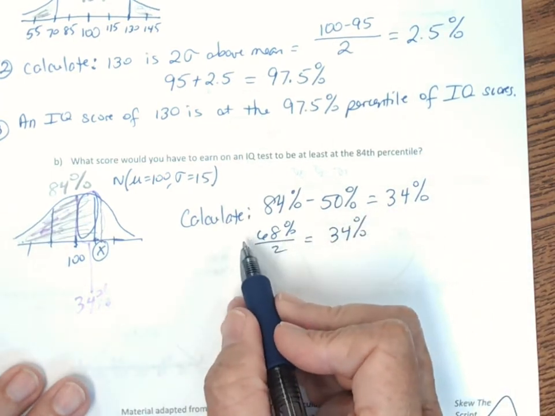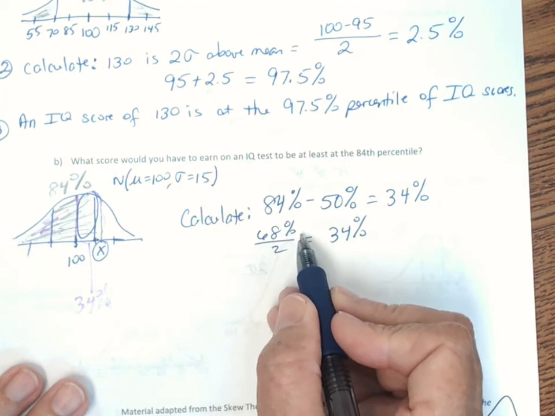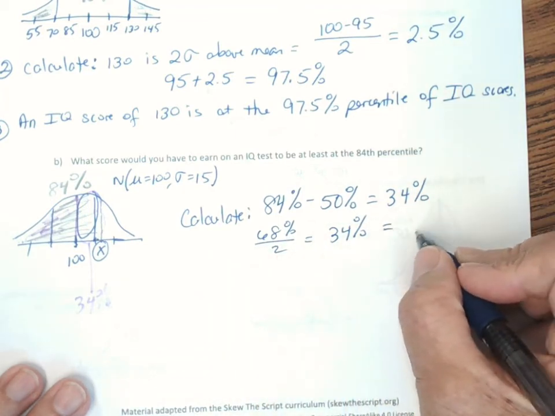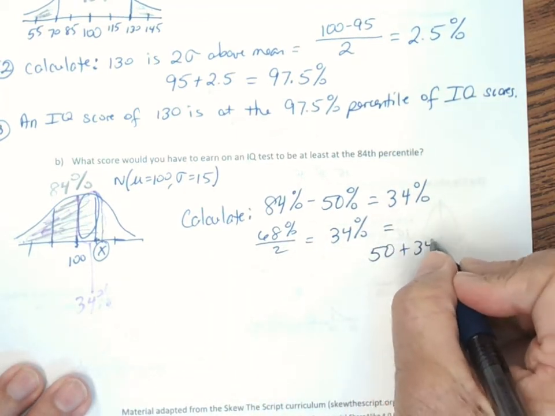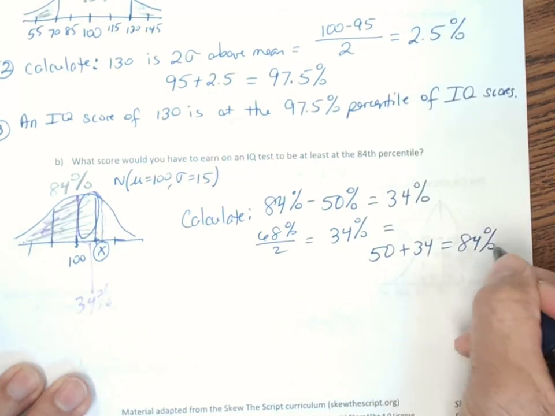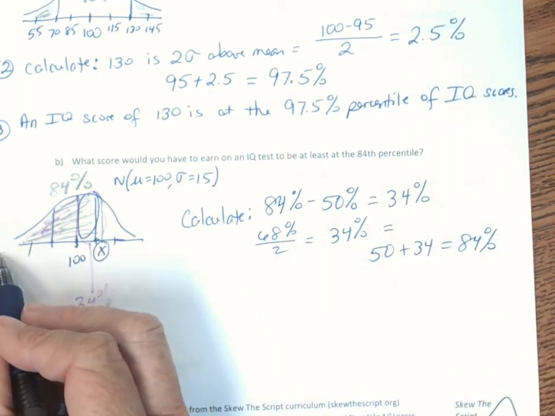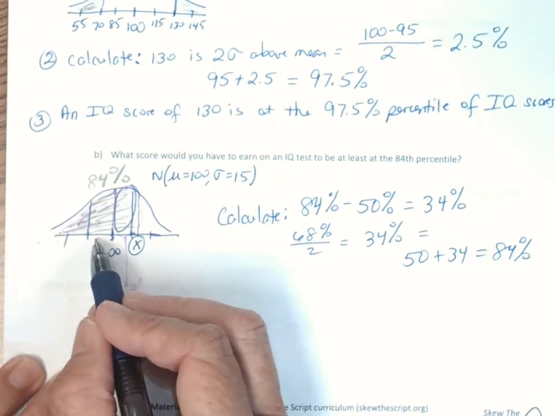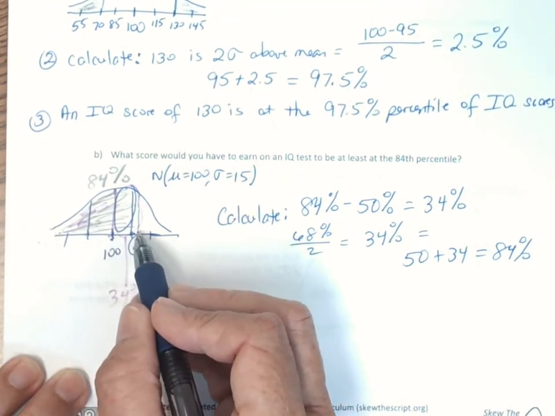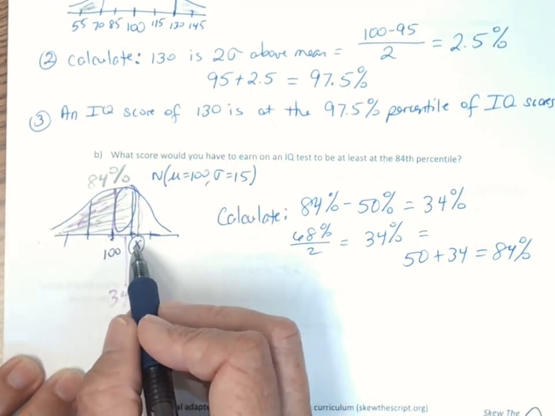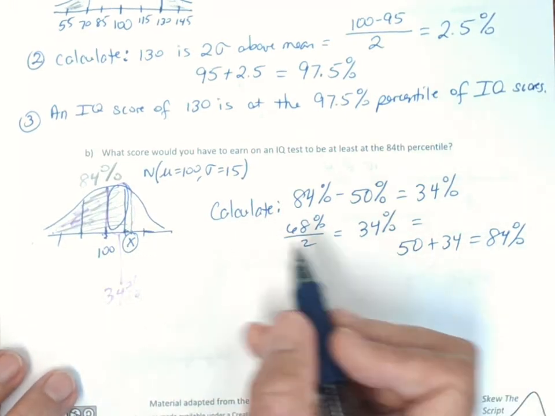So this amount right here is equal to 50 plus 34 equals 84%. And remember, the 50% is from way out here to the median, and then from the median to whatever this x value is going to give me 34%.